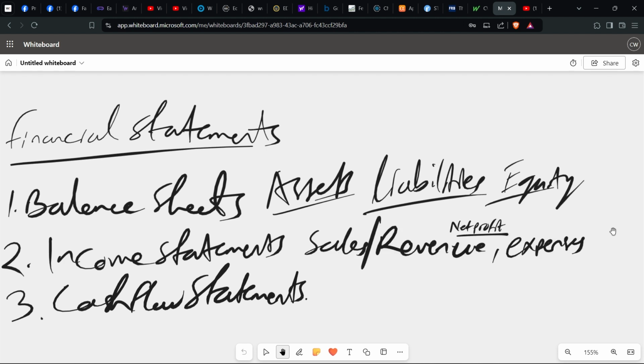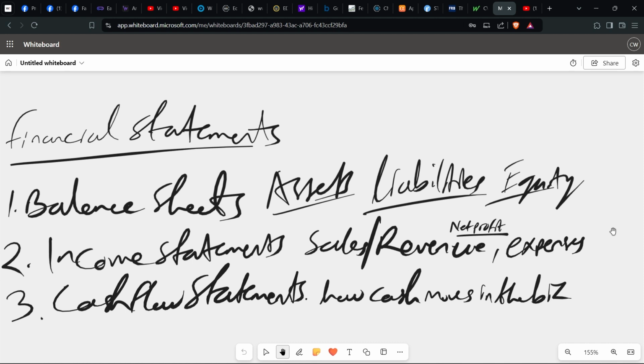The cash flow statements show how cash moves in the business through operating activities, investing activities, and financing activities. So a cash flow statement essentially shows how money moves in the business. That's the general definition of these financial statements and what they are.